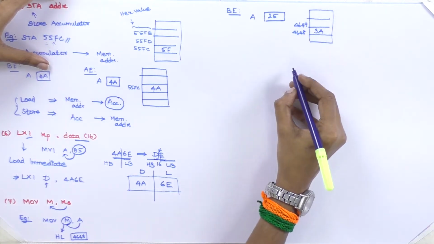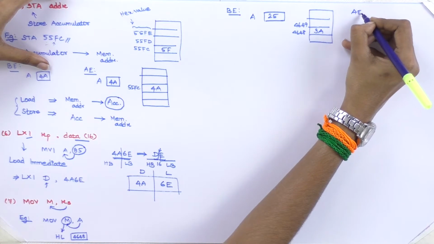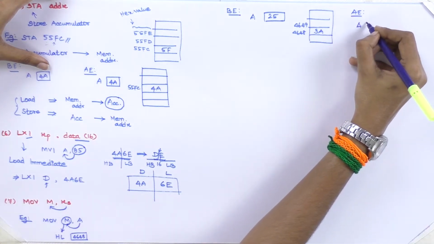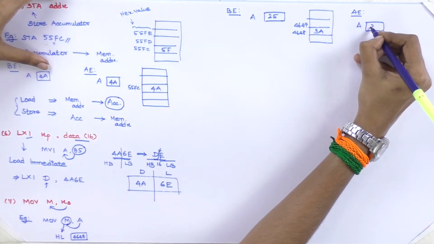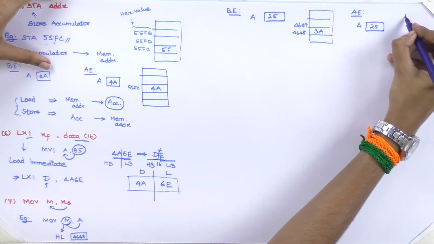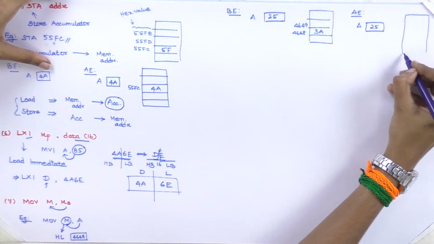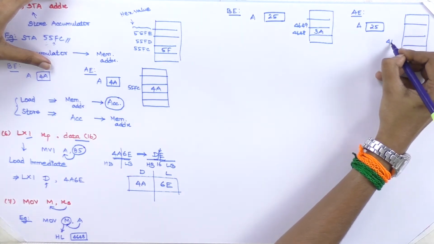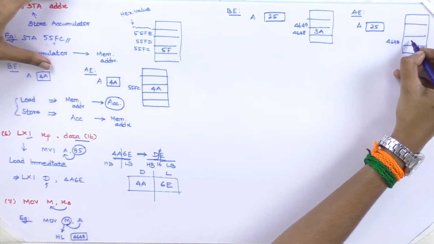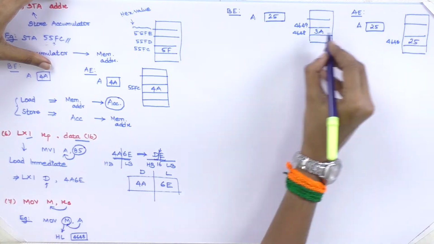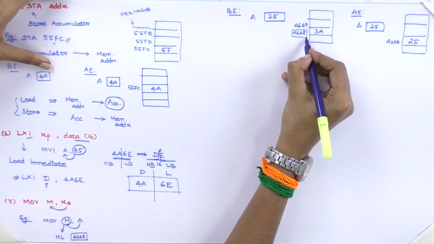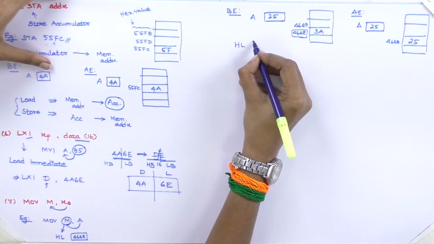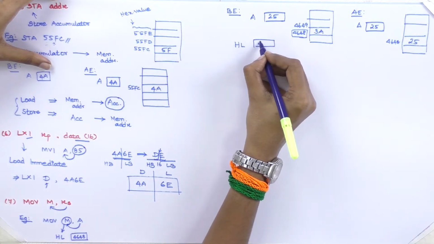After execution, A will retain the same value because it's performing a transfer only. Okay, fine. So the memory location 4648 will be replaced with 25. This 464A will be stored in the HL register pair.